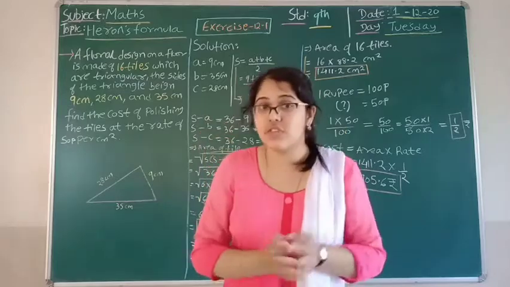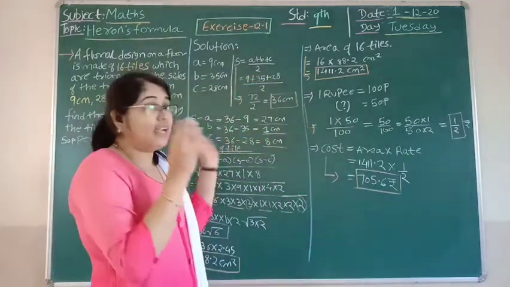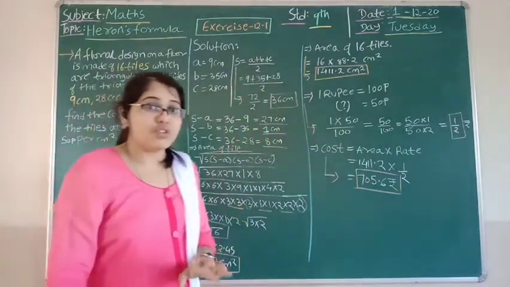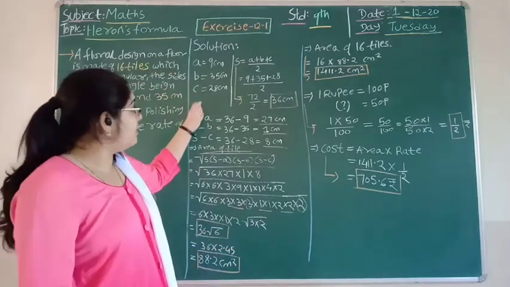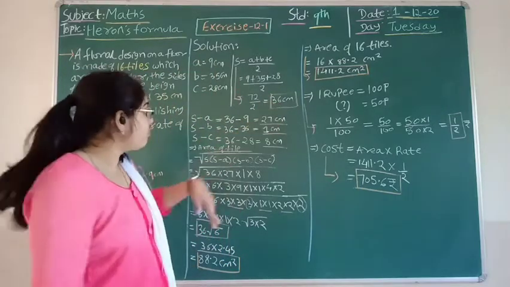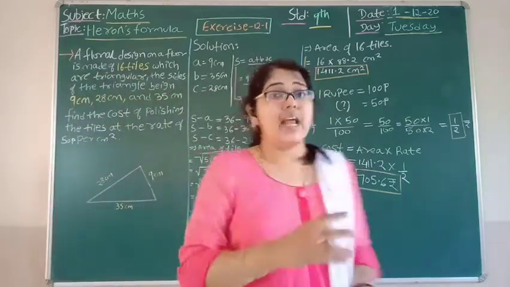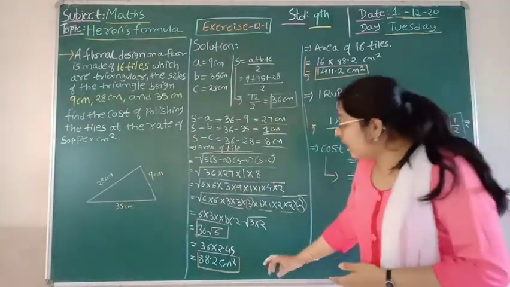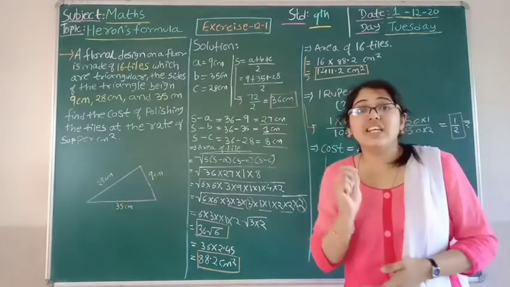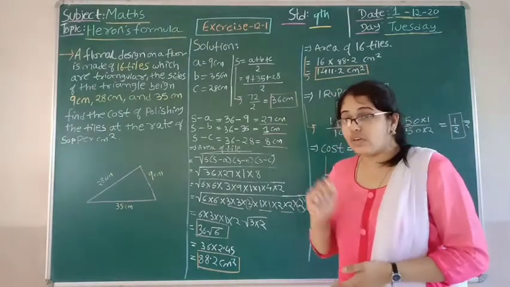The very first thing we did was find the area of the triangle by Heron's formula. Sides were given, we found the perimeter, followed S minus A, S minus B and S minus C, and at last we found the area for a single tile.